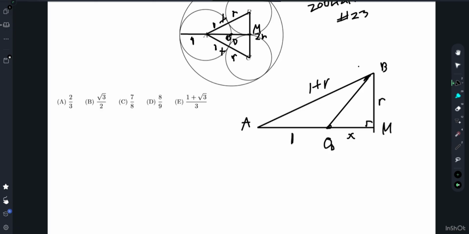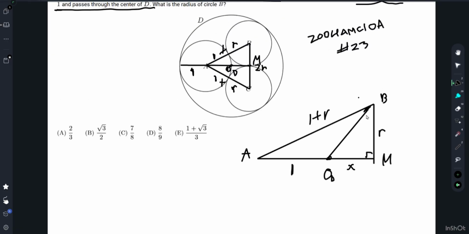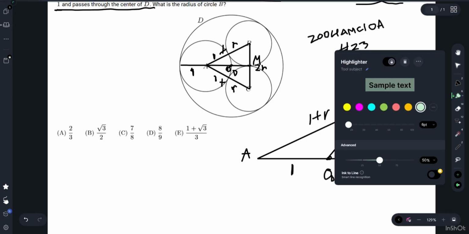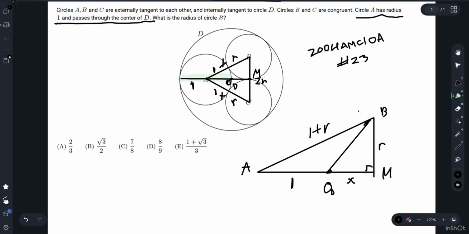We know this angle is a right angle because this is an isosceles triangle and we took A down to BC. So we can use the Pythagorean theorem. We don't exactly know what B to OD is. One way we can find it: this length highlighted in green is the radius of circle D, and that is the diameter of circle A, which is 2, or 1 plus 1.